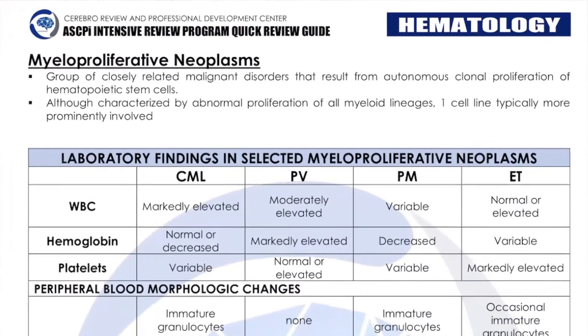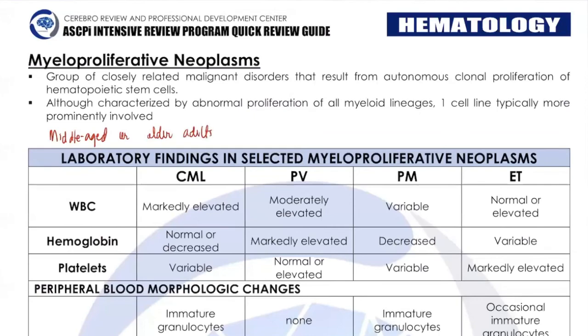Although this is characterized by abnormal proliferation of all myeloid lineages, usually it will only affect one cell line, or there is one cell line that is prominently involved. Myeloproliferative neoplasms usually affect middle-aged or older adults.